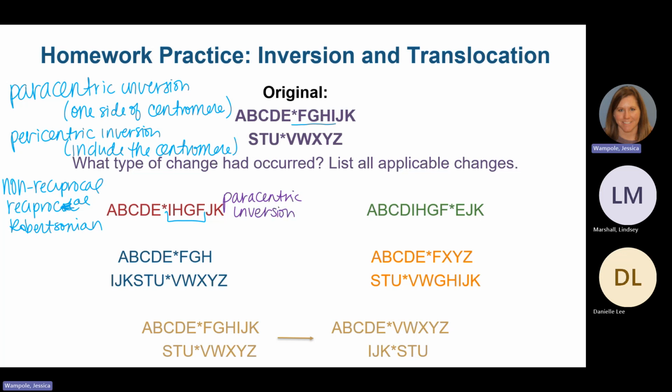All right, how about the green one, the one on the right? What is that one? So this one only includes 1 chromosome.